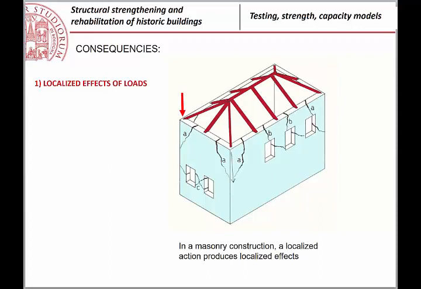When you have the loading due to a beam which is just put on the top of a masonry wall, then the loading is localized in an area, and if the strength in the area where you have the beam is not sufficient, you start having vertical cracks.